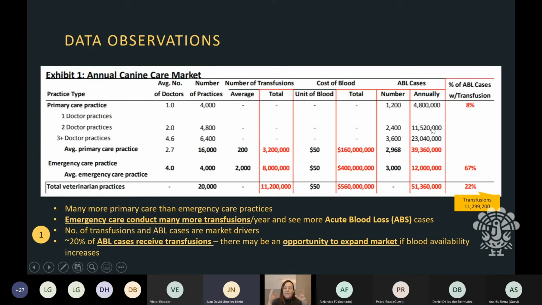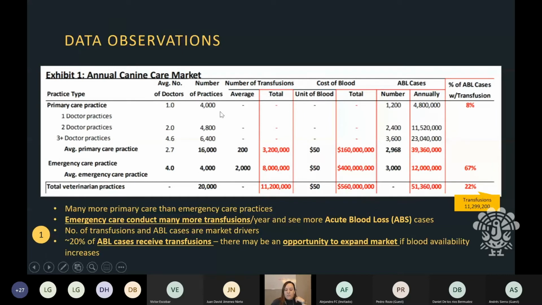All right. So in this particular exercise, what they said is, okay, emergency care units or veterinarians are the ones that pretty much do the blood transfusions. So in the data observations they saw that there are doctor practices all over the place, and they do emergency care practices.